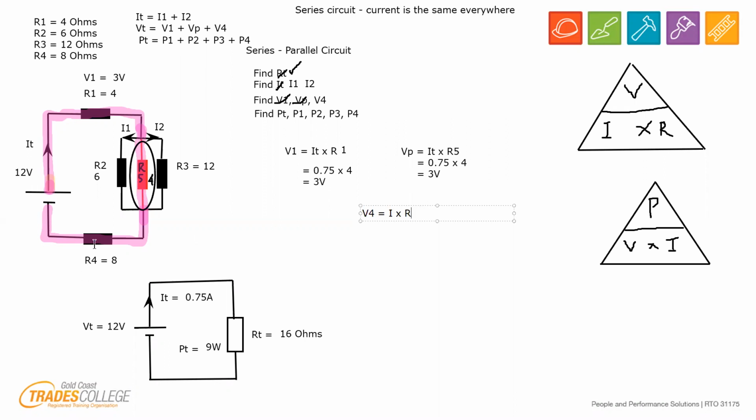Now we want to do V4, which is the bottom. Which I do I need? Well, if you look, it's the total amount because this is part of the series circuit. IT. Which resistor?